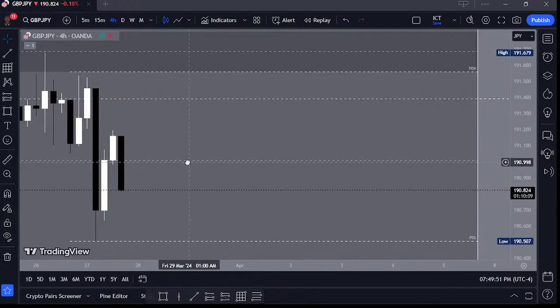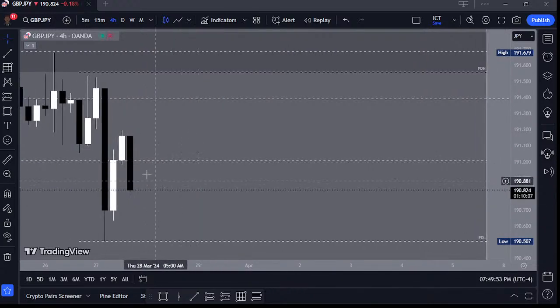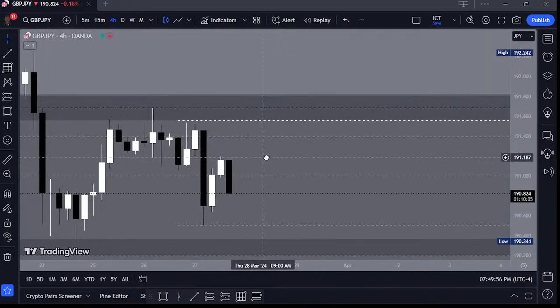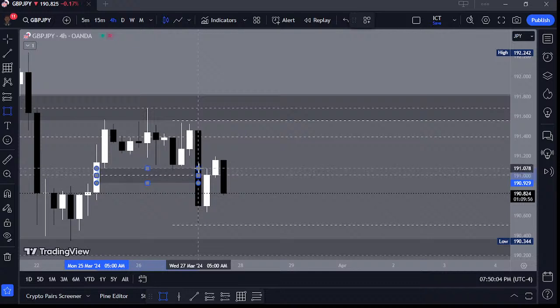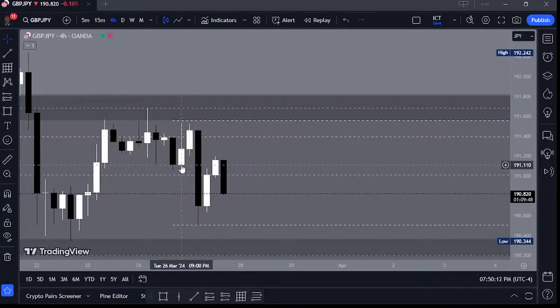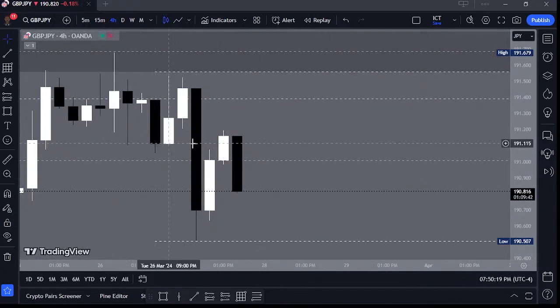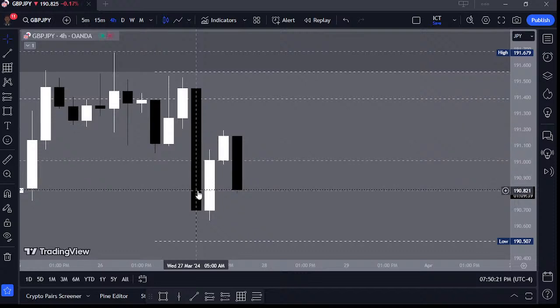I can see here there's a PDRA, which is pretty cool. There was this fair value gap here, which wasn't expected, and it was traded through. Wow, that's amazing. But also we have a market structure shift like here. As you can see, equal lows were taken out, market structure shifted to close.